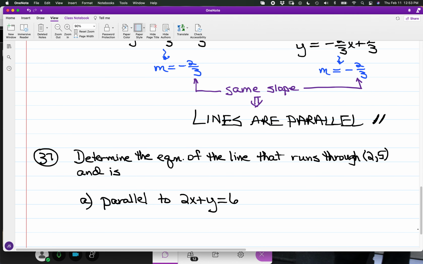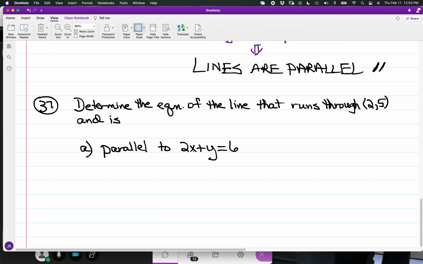The given line is represented by the equation 2x plus y is equal to 6, and we're just looking for the equation of the parallel line. First of all, we need to determine the slope. So with the given line, we have 2x plus y is equal to 6.